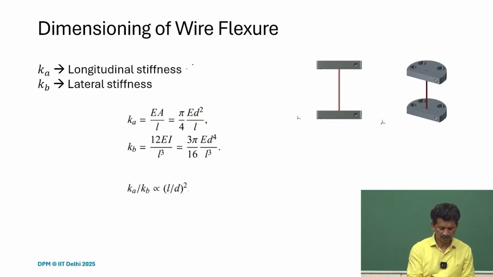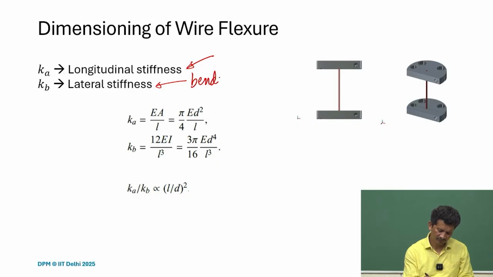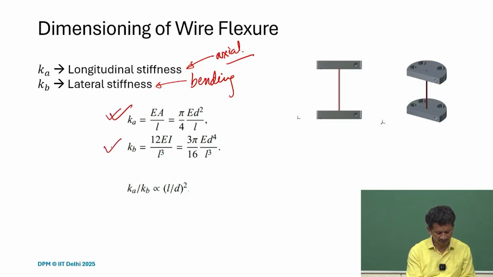Next is the longitudinal stiffness and the lateral stiffness. Lateral stiffness is because of the bending, and this is the axial deformation, and that's why we are calling them Ka and Kb.